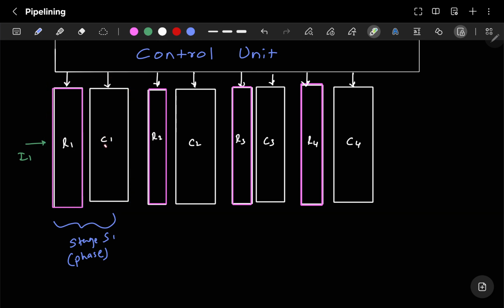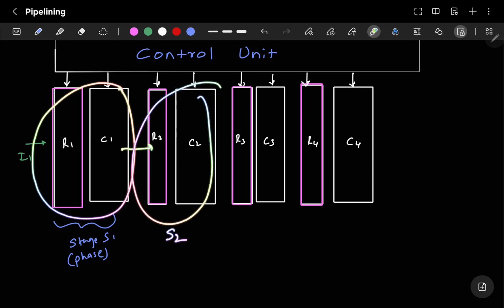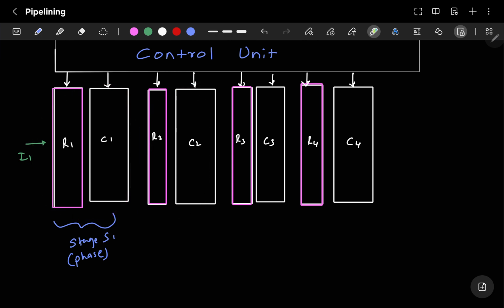The output of S1 is going to be stored in the register or buffer R2 associated with the next phase, S2. So whatever output you get will be stored first inside R2, which is associated with stage S2. You can consider this stage S2, this S3, this S4.